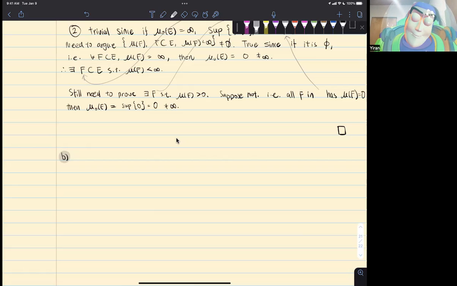Of course we want to make sure it is a measure, but before that, let's see whether they satisfy that mu of E is equal to mu naught of E plus mu of E. So consider the cases 1 and 2.